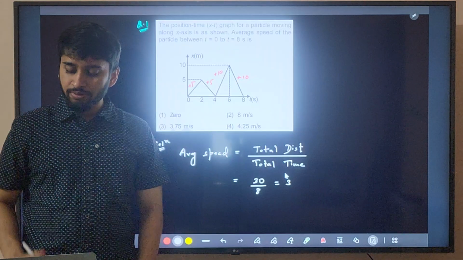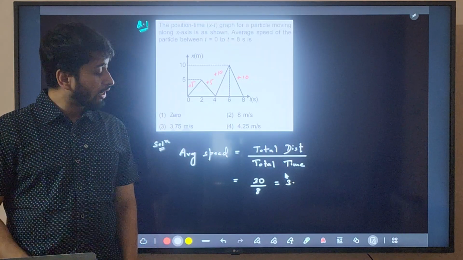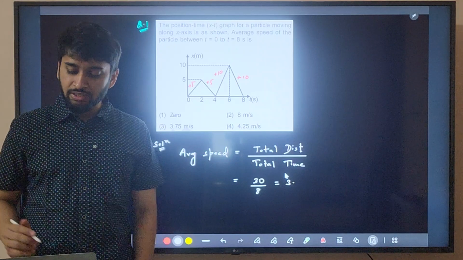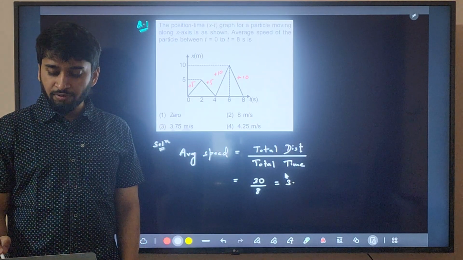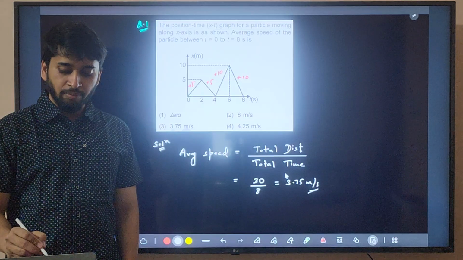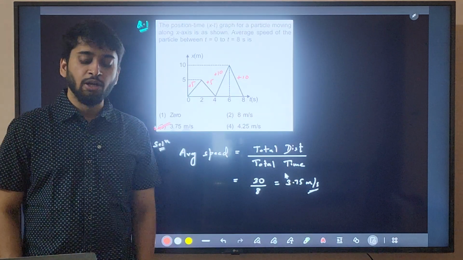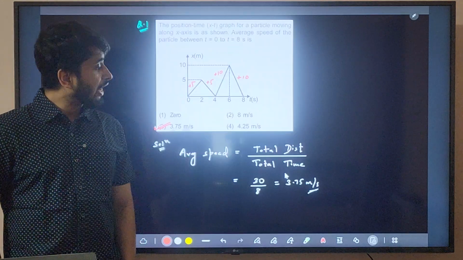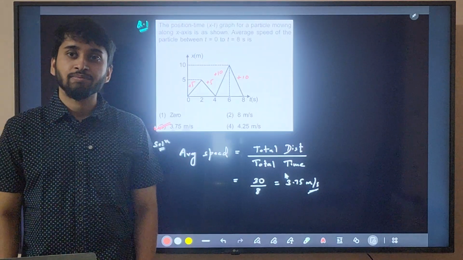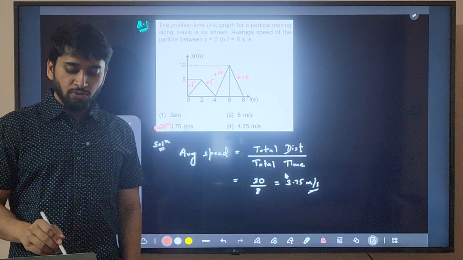Then 6 will be left, decimal will come, 8 5s are 40, 8 6s are 48, 8 7s are 56. So 3.75, as I can see from the options, right? So 3.75 meter per second, that means the third option will become the answer here. Clear? I hope this is clear. Great. We'll go for the next question now.